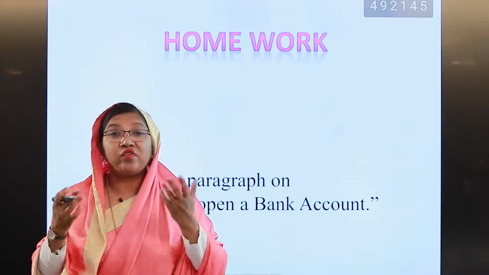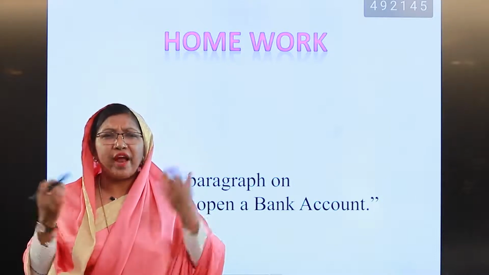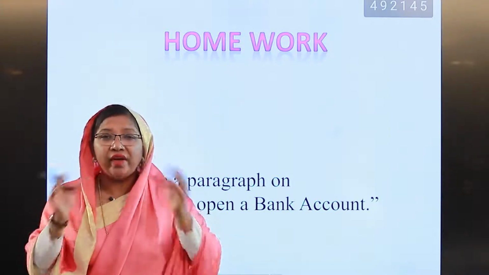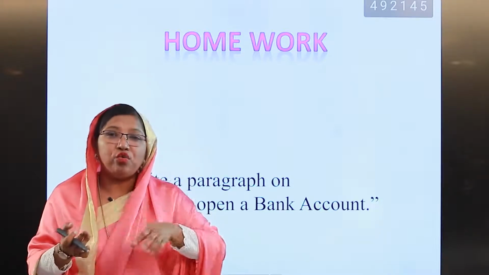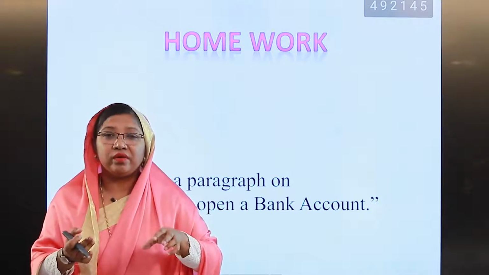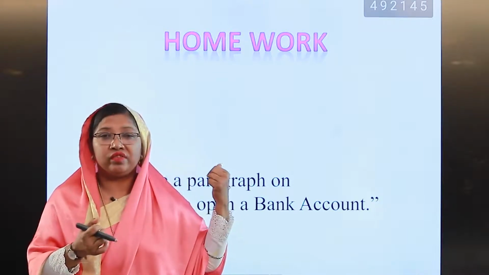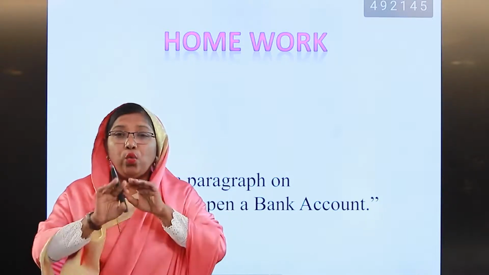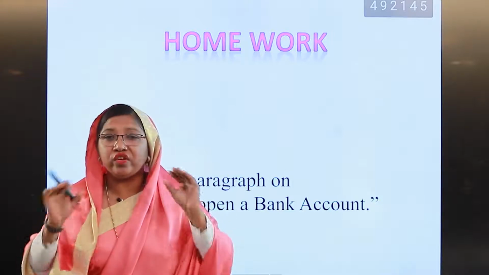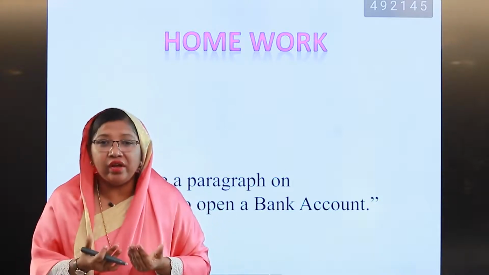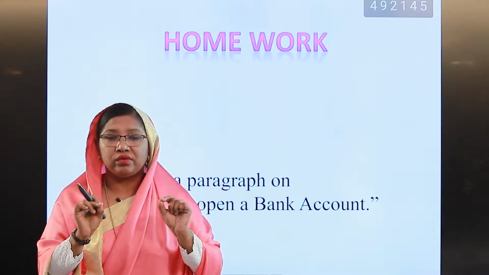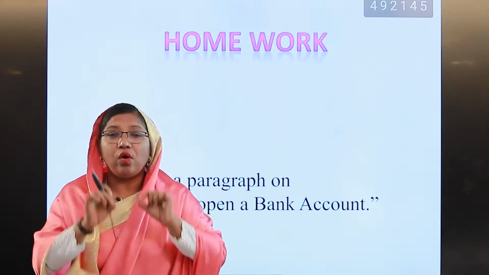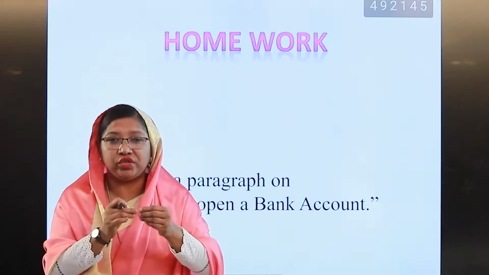So, practice. You have to practice to read connectors. You have to try to make sentences using connectors. Remember, without using any connectors, your writing won't be standard. Your writing won't be coherent.